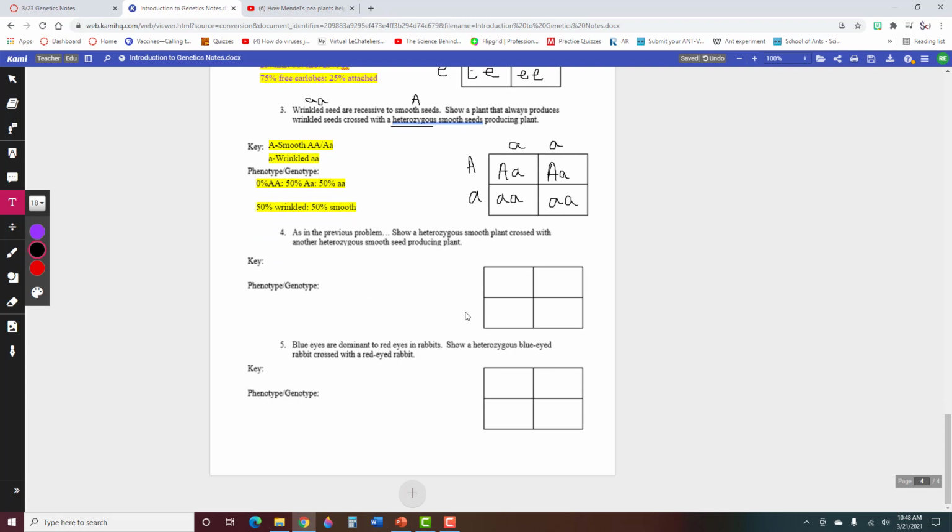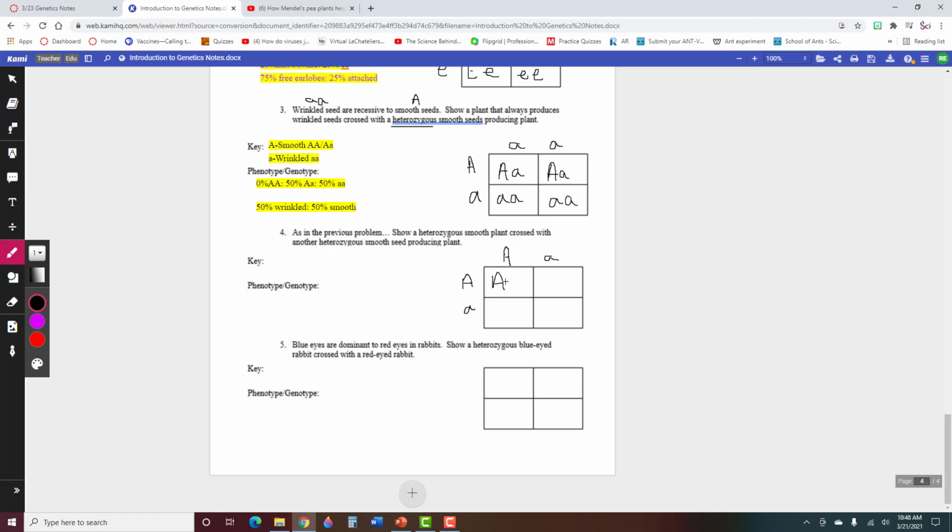All right, so I'll do one more, and then I'll leave you just this last one to try yourself, see if you get it right or not. So, as in the previous problem, show a heterozygous smooth plant crossed with another heterozygous smooth plant. So heterozygous, heterozygous. So I'm going to do my drawing tool here. Heterozygous is capital lowercase, and it says that both parents are heterozygous, capital lowercase.